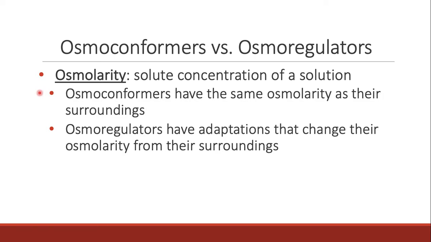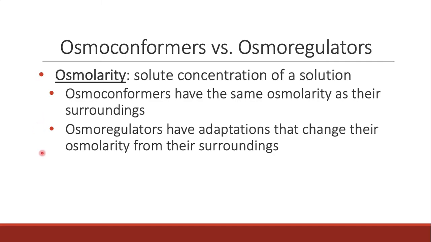It's definitely a lower energy choice to be an osmoconformer because you're not putting in energy to control your internal environment, but it's also going to be challenging to deal with changing environmental circumstances if you can't regulate your own osmolarity inside of your body as the outside osmolarity changes.